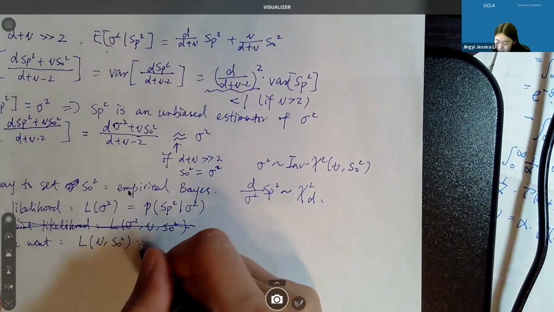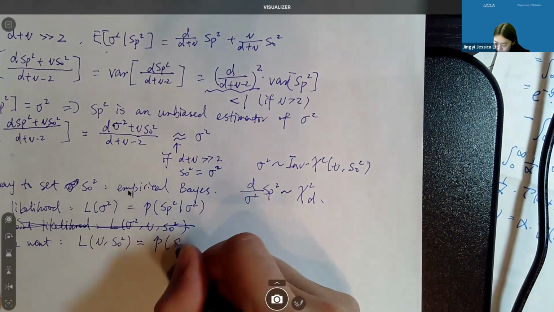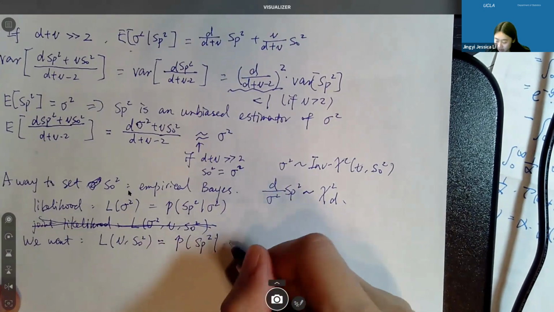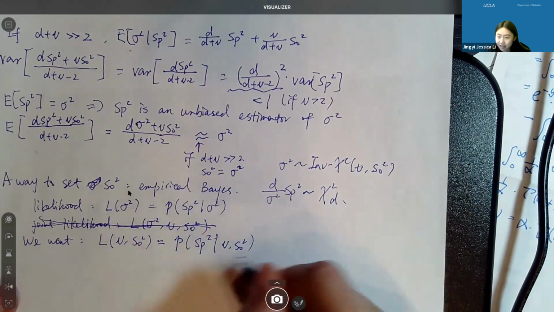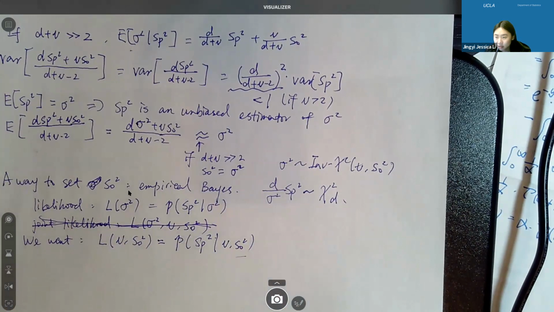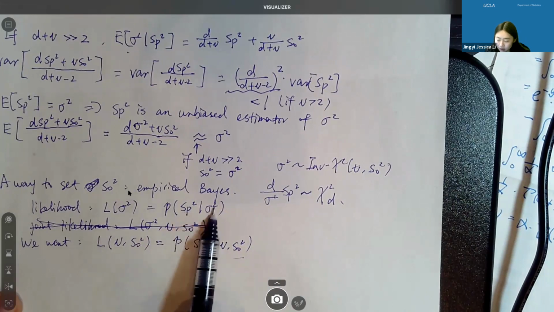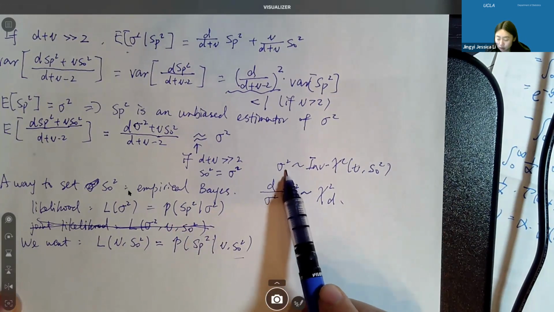But how do we introduce that? This should be defined as the density of the data, again S_p squared, given the hyperparameters. So I need to find a way to write down this density. But this is something not straightforward because I only know the density of S_p squared conditional on sigma squared, and I also know the prior density of sigma squared.